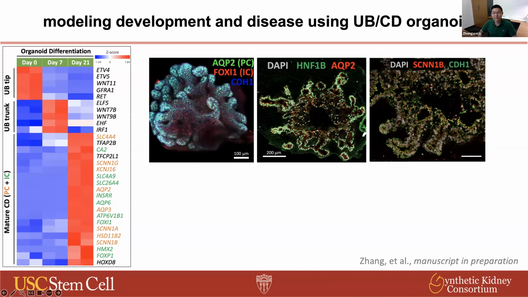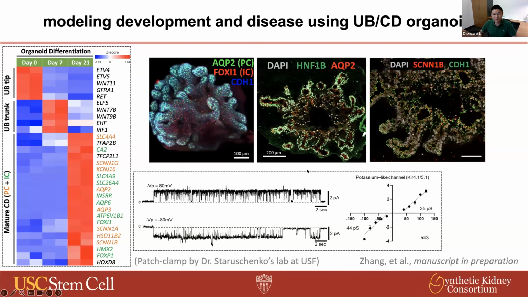And importantly, we identified homogeneous expression of transcription factors such as HNF1B along the collecting duct epithelial cells, with the presence of aquaporin-2 and ENaC subunit exclusively on the apical side, which is the lumen side of the organoids.